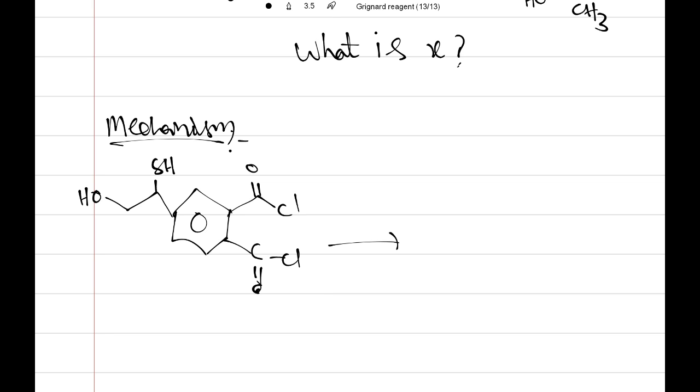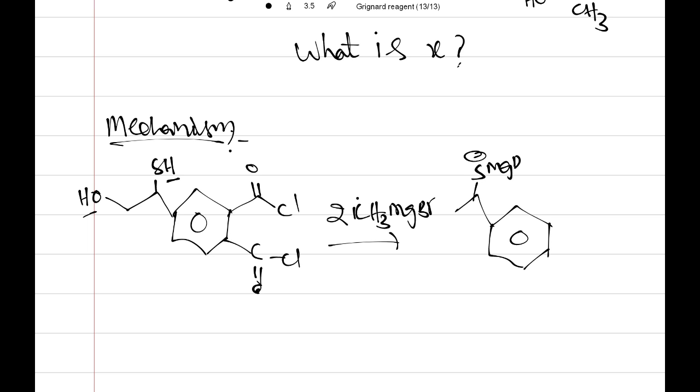First, 2 moles of Grignard reagent, CH3MgBr, will remove the protons from these. Now we get benzene with S minus MgBr and O minus MgBr, and the common part, C double bond O Cl.